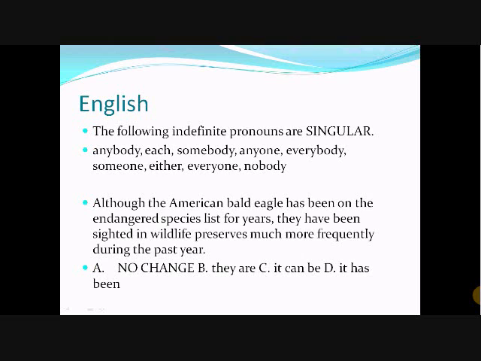You have American bald eagle, they, that's not the same. American bald eagle is singular, they is plural. So you will use which one? D. It has been. Great.